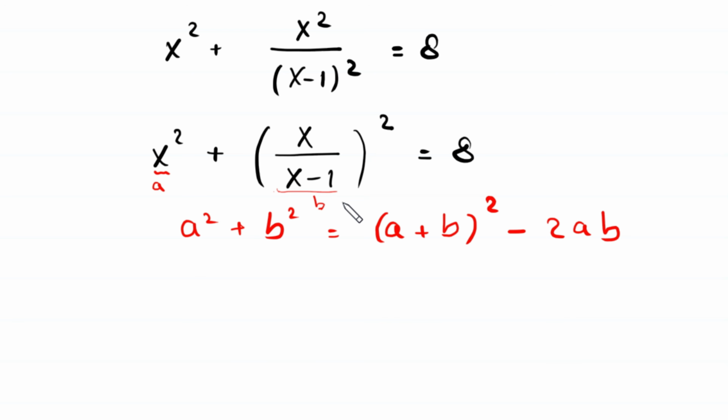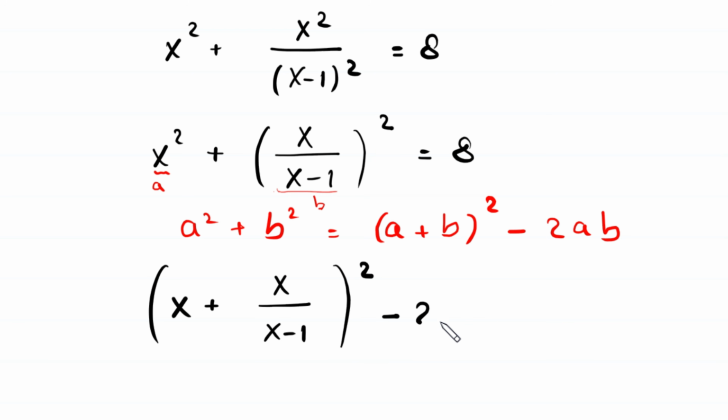So by using this identity, the left hand side will become (x plus x over (x minus 1)) whole squared minus 2 times x over (x minus 1) equal to 8.